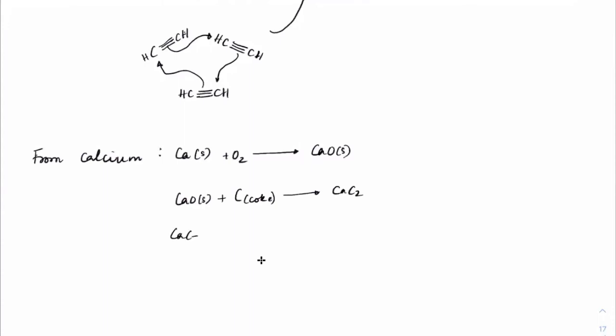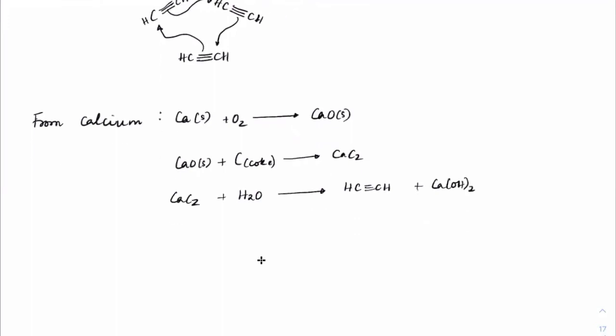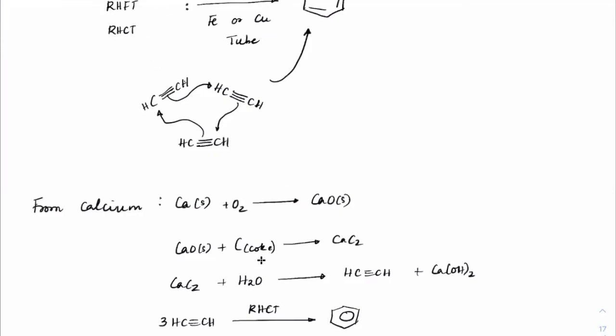Correct. When you hydrolyze calcium carbide, we get HC triple bond CH plus Ca(OH)2. Next, from HC triple bond CH, if you take 3 moles of it in RHCT, we can get benzene. So you can see that from calcium we prepared benzene.